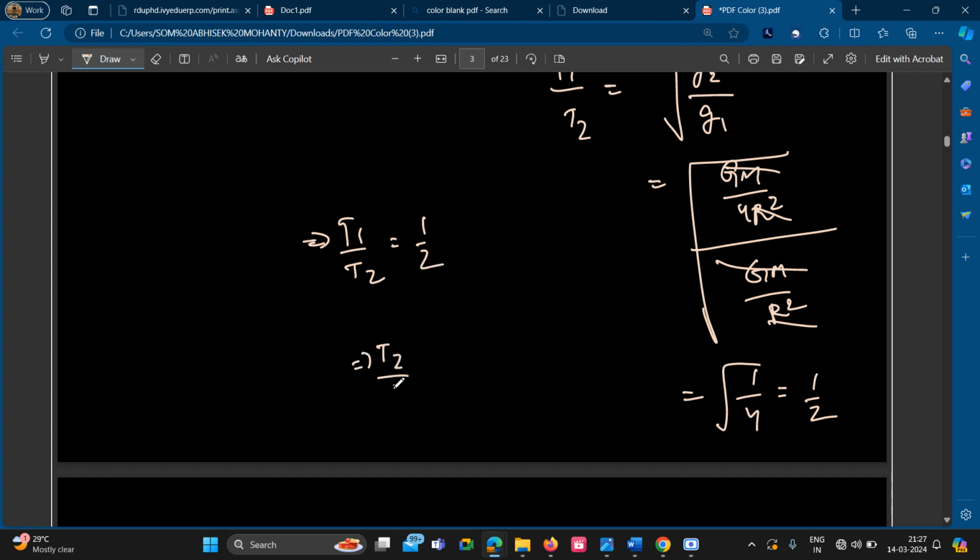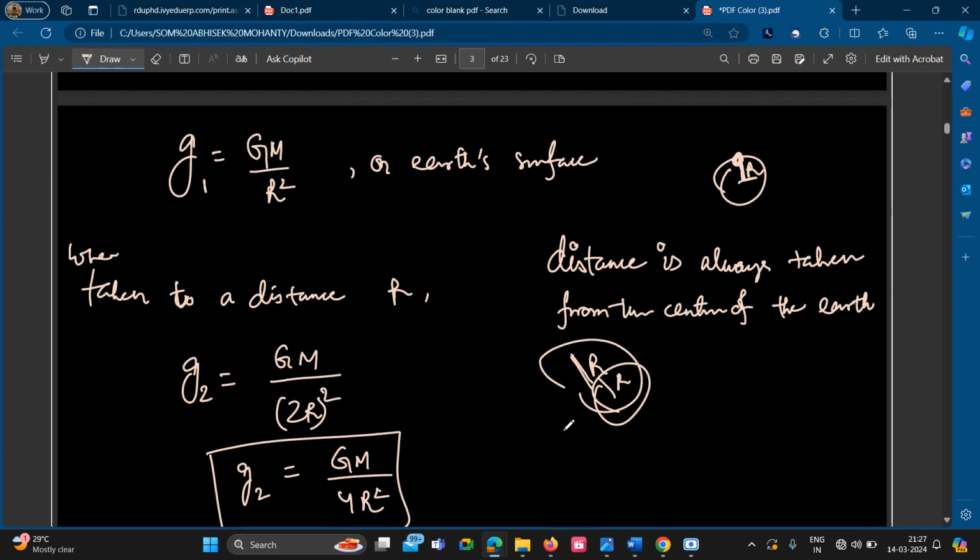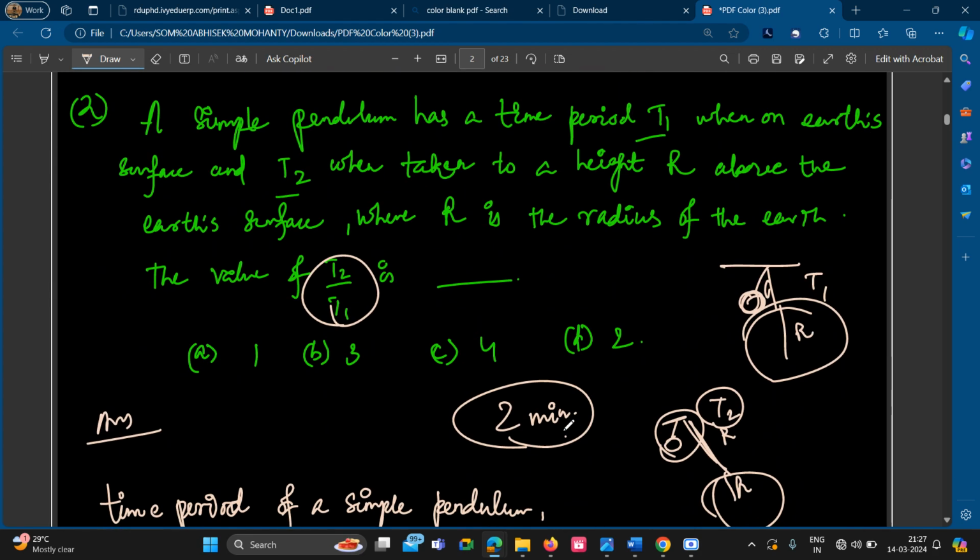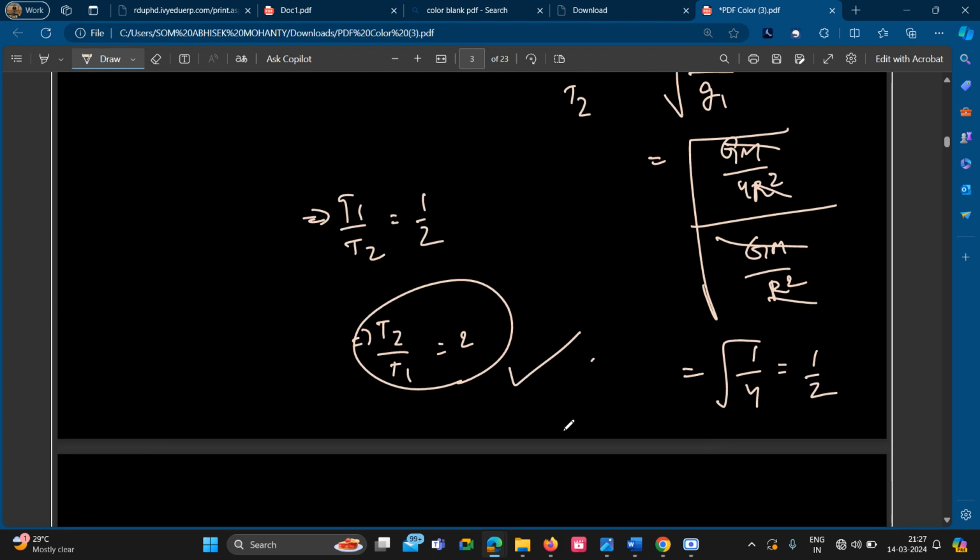So T2 by T1 is how much? 2. Okay. So that will be the answer. Is it alright? Okay. That will be the answer for it.